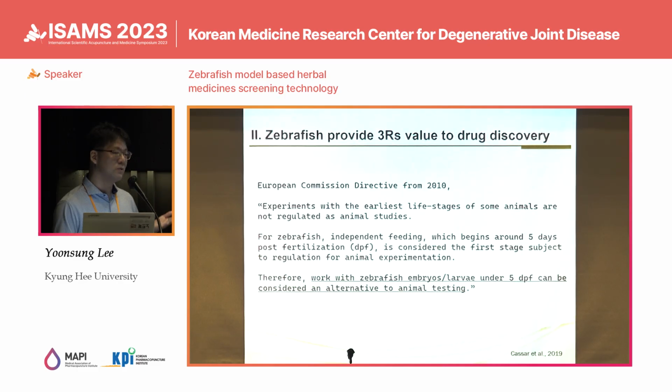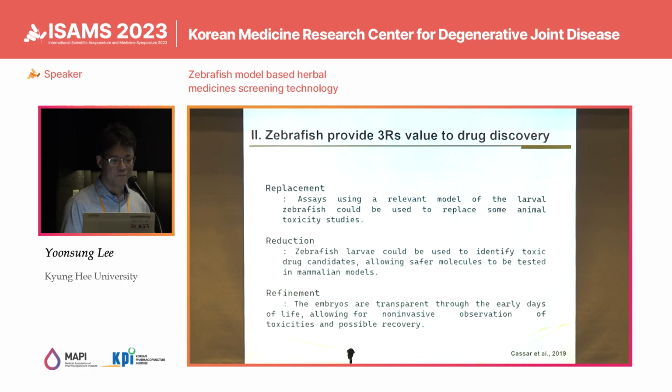As I gave in the introduction from previous slides, zebrafish can make all types of organs and tissues from 24 to 48 hours post-fertilization. That larval stage is also very practical for all types of physiology and biology. So the main reason why we can say zebrafish can provide this 3 R's value is here.